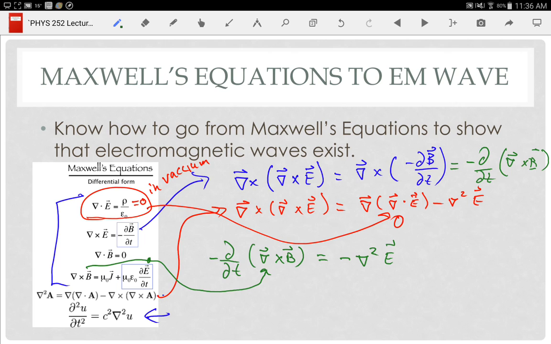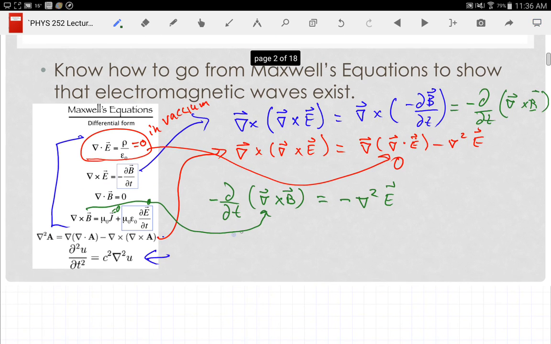But if we're in empty space, there is no current density, there's no flowing charge, hence J is 0. And so plugging that in, notice I had a minus sign on both sides. No need to keep the minus sign if it's on both sides.